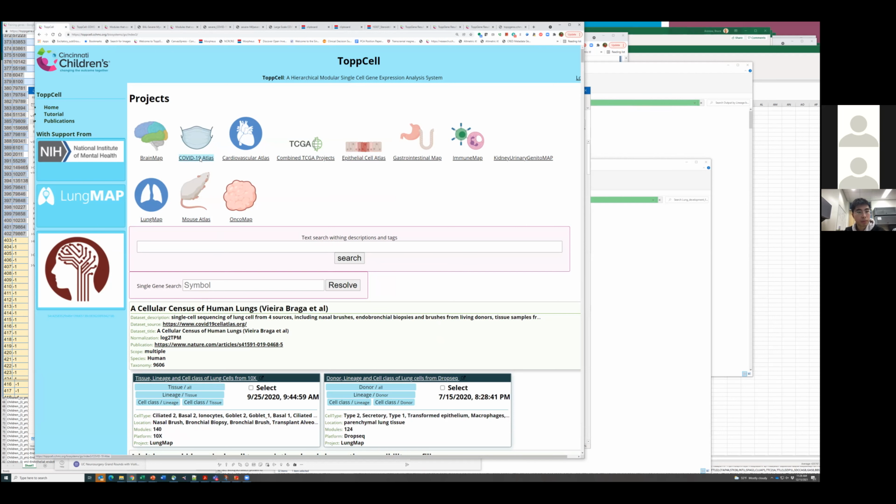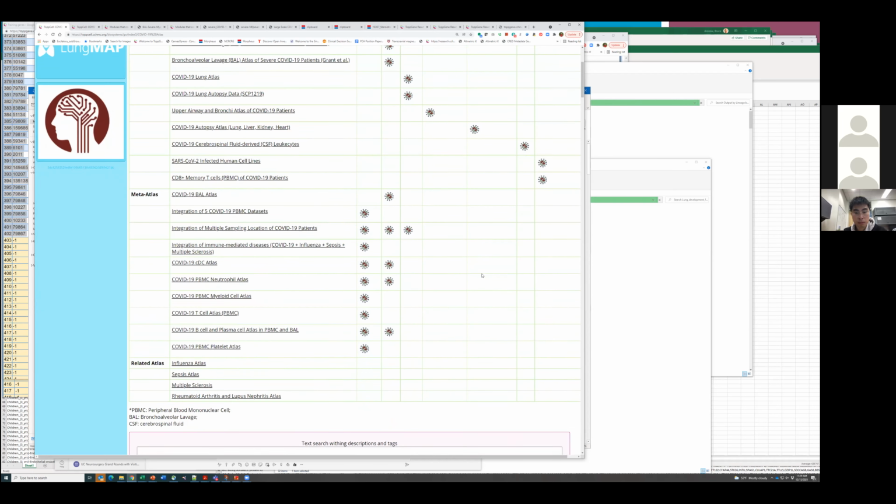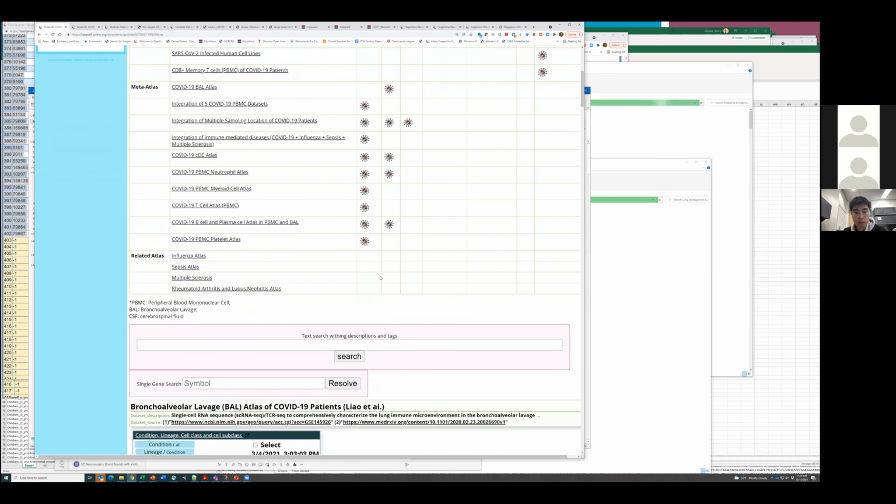In this case, in the COVID-19 atlas, King's beautifully summarized a bunch of different data sets and the meta-analysis of them according to which compartment they were sampled in, one or more compartments, and what the disease states are.